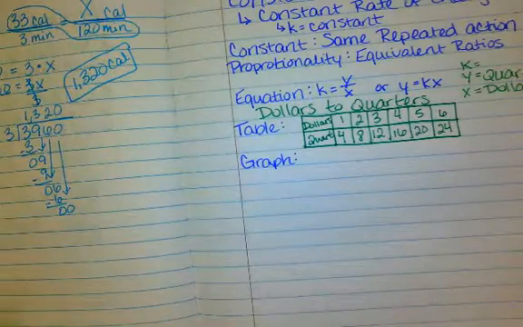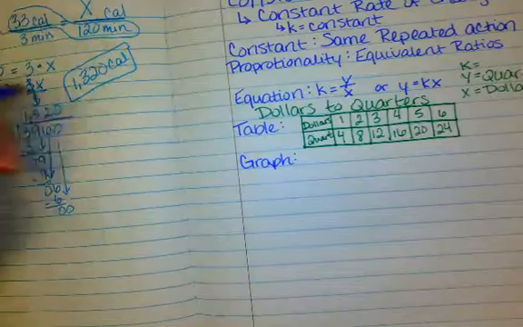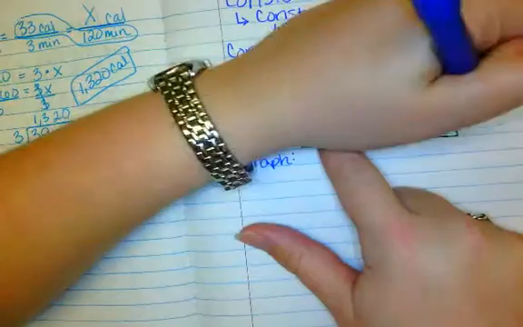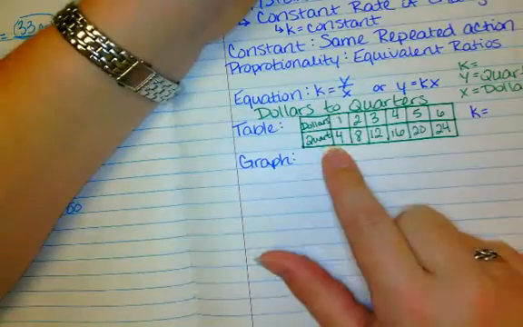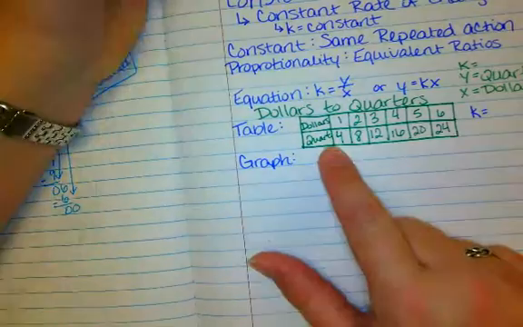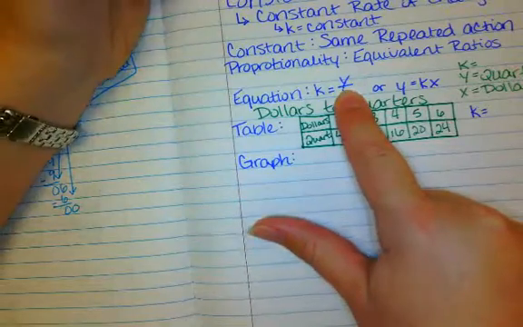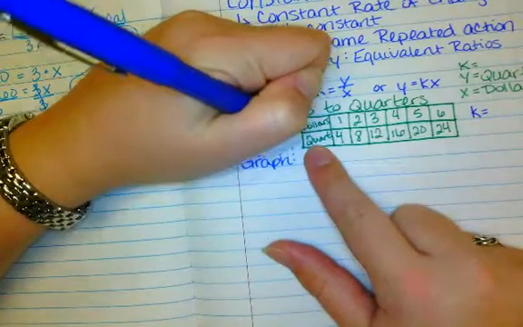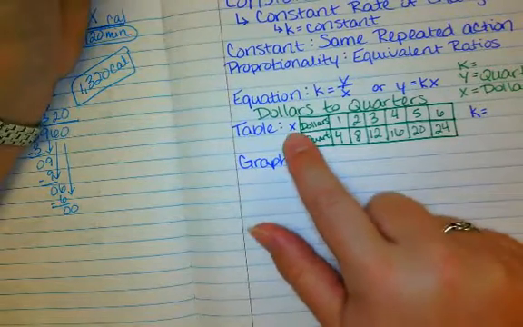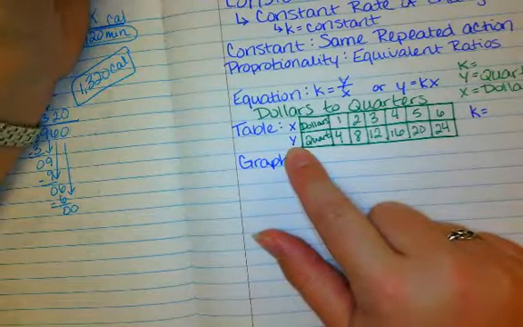So to show you that it is a constant relationship, according to my equation, my constant equals my y divided by my x. Because just a reminder, I know that this fraction bar means to divide. When you're looking at a table, unless it's otherwise told, my x is on top, my y is on bottom.